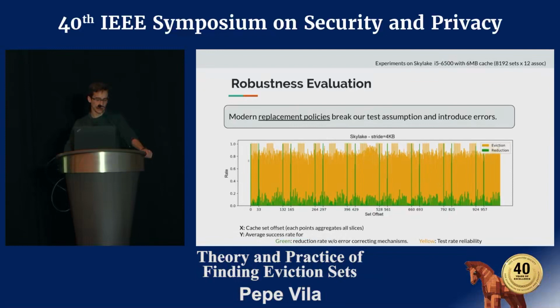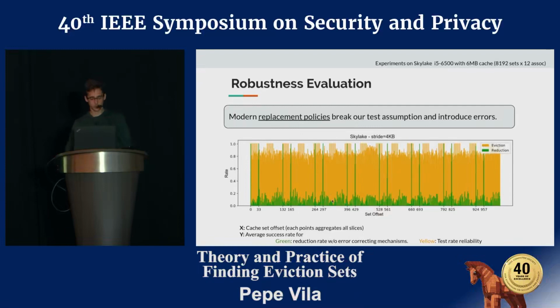And the green bars are the reduction rate without error. So how many times we were able to reduce a large set without having any error. And we can see that there are a few cache sets that really behave as we assume, and the error rate there is very low. But in the majority of these cache sets, the replacement policy is slightly different, and this introduces a lot of errors.